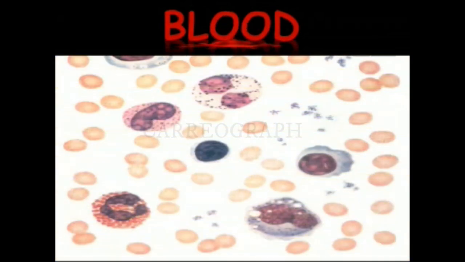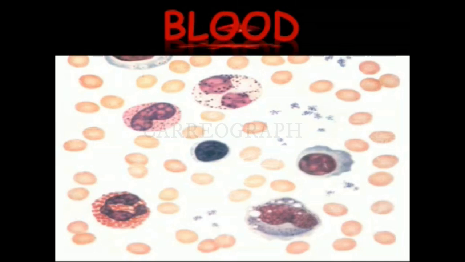In this picture, we are seeing different types of cells. These are blood cells. Here we have red cells, which are large in number, and in this picture you are also seeing a cell which contains a nucleus, which is larger in size but less in number.